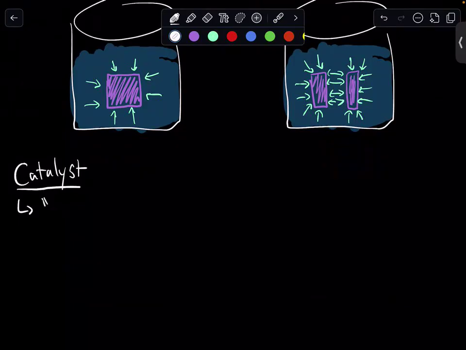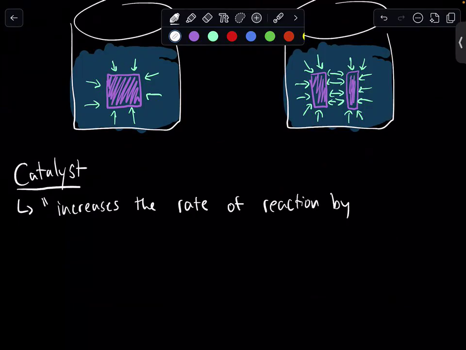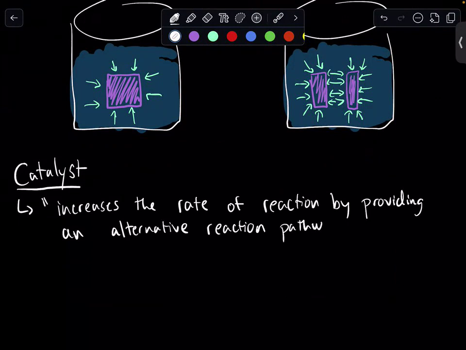A catalyst increases the rate of reaction by providing an alternative reaction pathway.